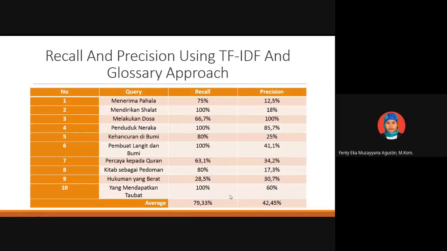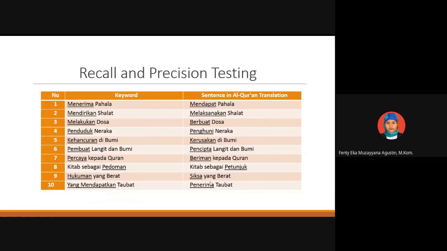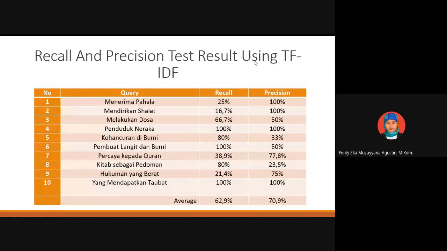In our research, recall has an average of 79.33%, and precision 42.45%. Compared with using TF-IDF only, the recall is bigger using the glossary. Why? Because we get many documents, or many verses.